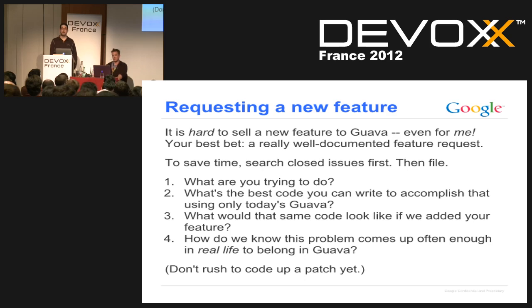But because we've been doing this for several years, when you have a feature request that's new to you, the chances are relatively high that it was actually suggested once before and rejected. So don't spend too much time writing a patch before you speak to us about it first.